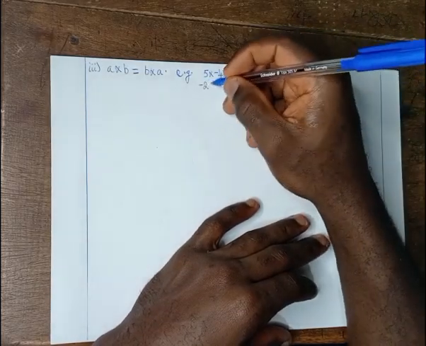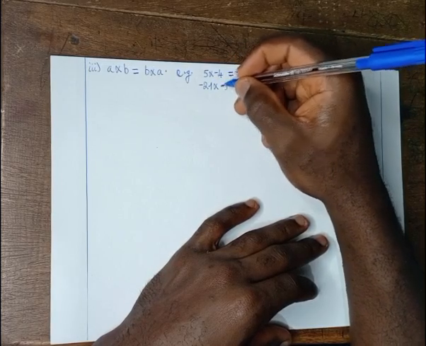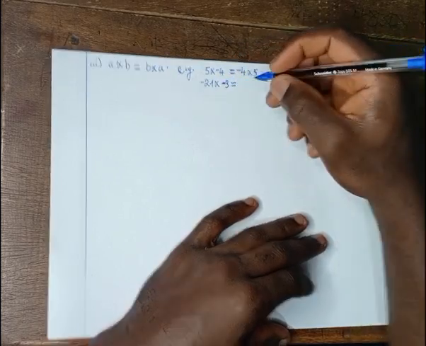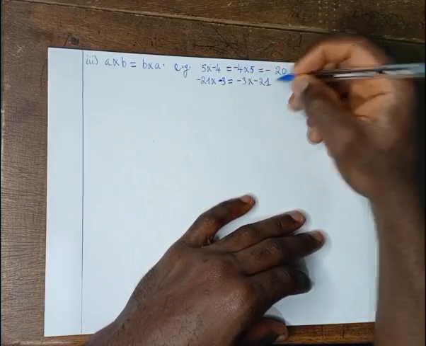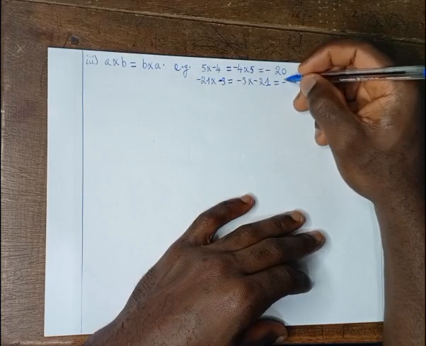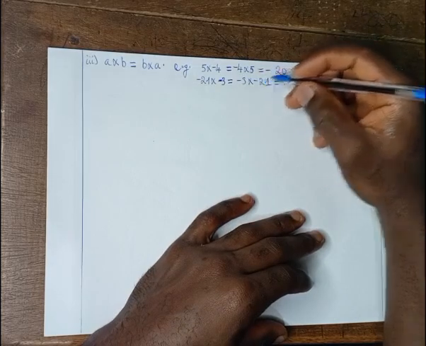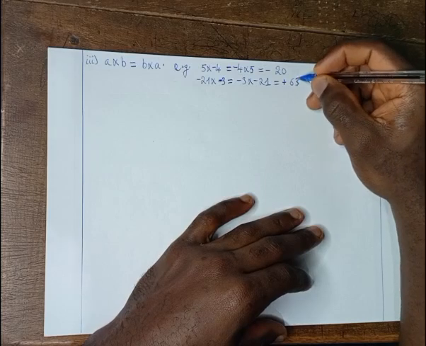If we take negative 21 times negative 3, it is the same as negative 3 times negative 21. If we multiply two negative numbers, we know the result will be positive. If we take 3 times 21, it gives us 63.